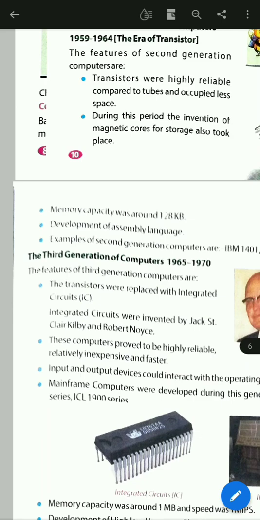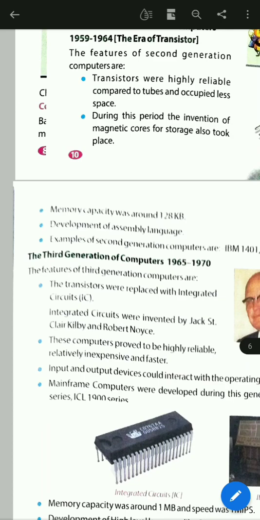These computers proved to be highly reliable, relatively inexpensive, and faster. They were very fast in speed and also inexpensive, meaning the cost of these computers was less.